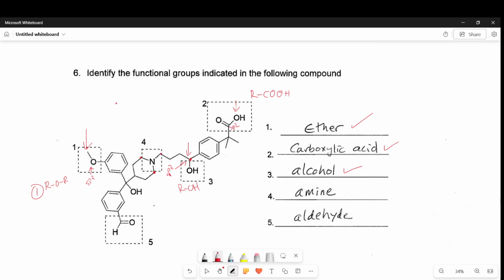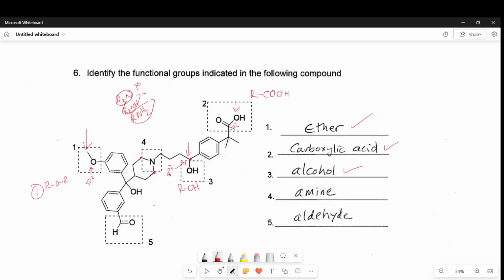So you could have R3N, that means trialkylamine, you could have R2NH, dialkylamine, or you could have just RNH2 as an amine. So this is a tertiary amine, this is a secondary amine, this is a primary amine. This is called a tertiary amine because all of them are carbon.